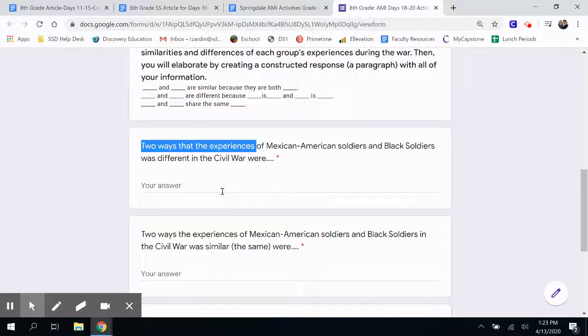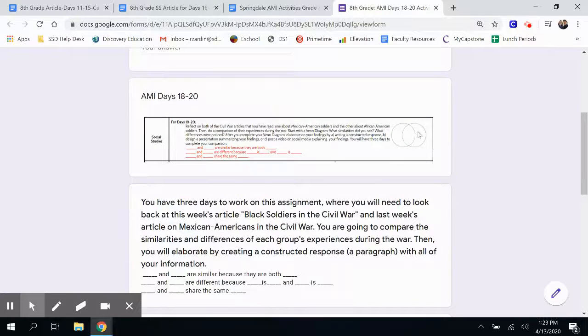So how were Mexican American soldiers, what they experienced was different, or what they went through, or how they were treated, or how they fought, or decisions they had to make. How was that different than Black soldiers and the decisions that they had to make and the way that they were treated and what they were fighting for? Okay, so 2 ways that they are different. So this is in our Venn diagram, the sides.